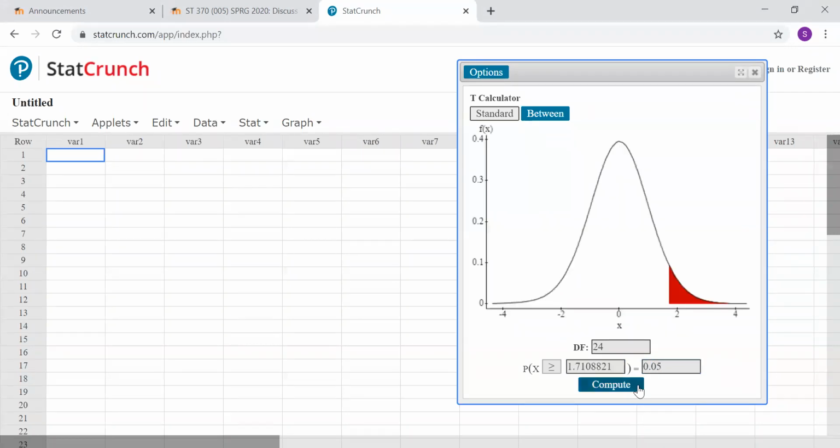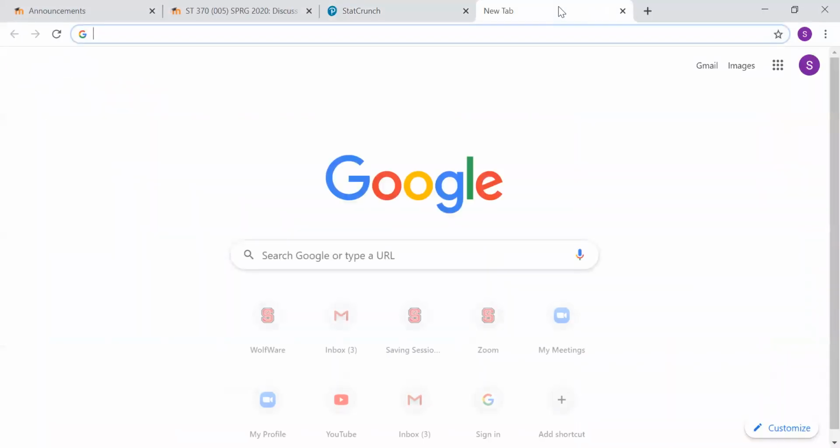So let's compute it. It's about 1.711 approximately. Does that make sense to you guys? Yeah, I understand. Okay. So the next thing is the table.